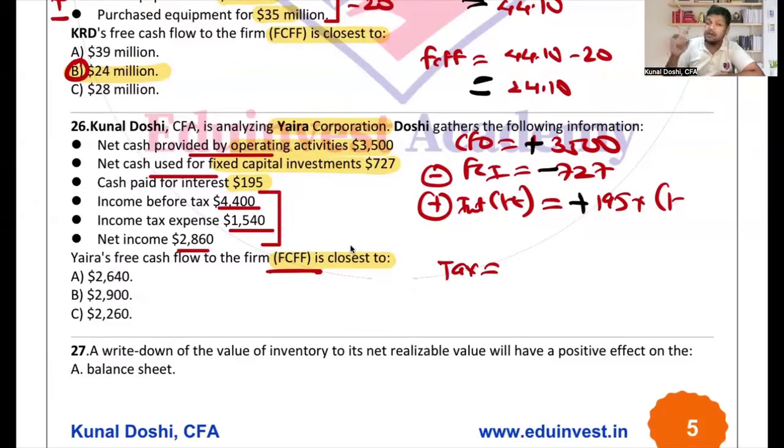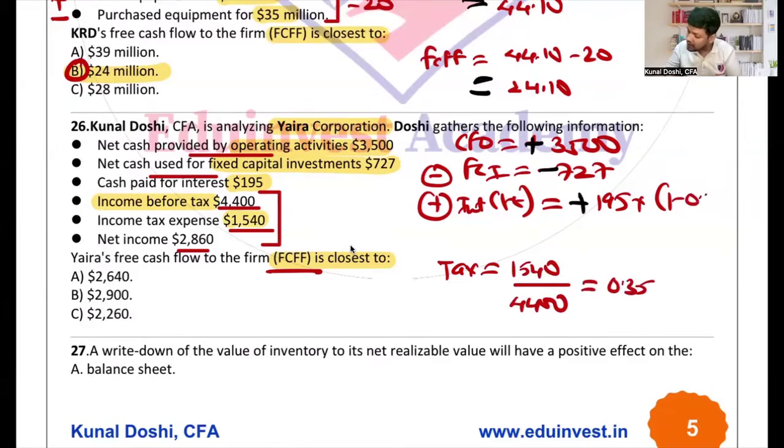Now, guys, if you remember, to calculate the tax rate, tax is paid on before-tax or after-tax amount? Net income or before tax? The tax is paid on income before tax. Yes. So the 1540 that you're going to pay is on the before-tax amount, that is 4,400. 1540 divided by 4400 is going to give you a tax rate of 35%.